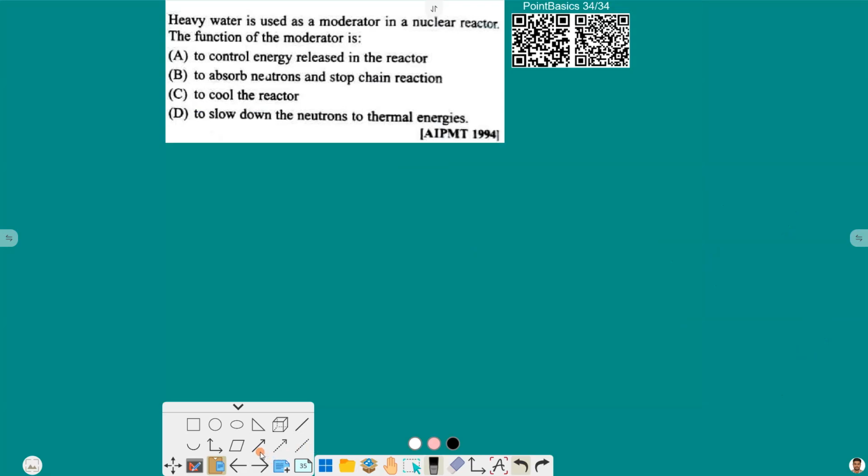Heavy water is used as a moderator in the nuclear reactor. The function of a moderator is to slow down the neutrons to thermal energies. And why do we need to slow down the neutrons? Because fast neutrons can't cause fission with uranium-235.